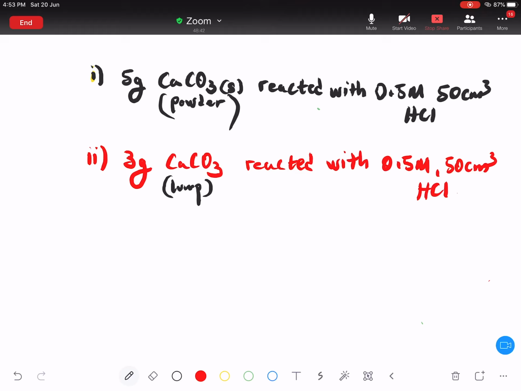Saya dah terbalikkan dengan yang tadi. Guys, have you done or not? Yeah, you just need to sketch the graph. No need to go in detail. Hurry up. Tell me. Done?